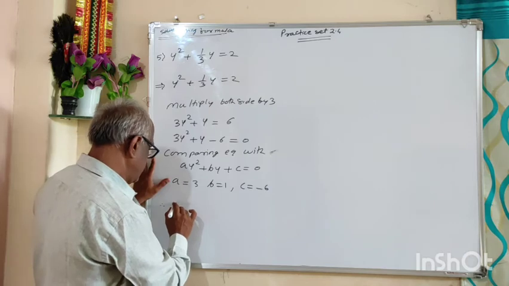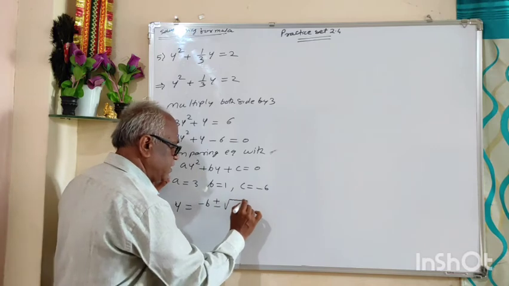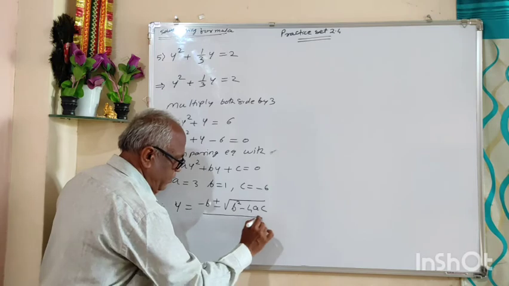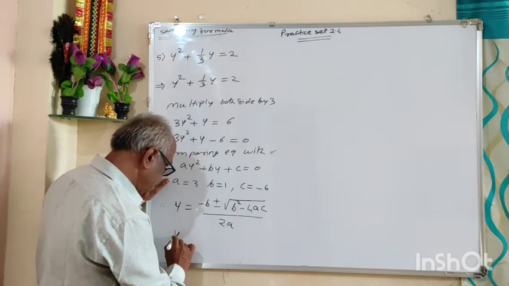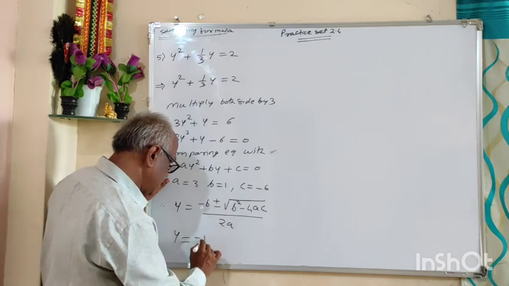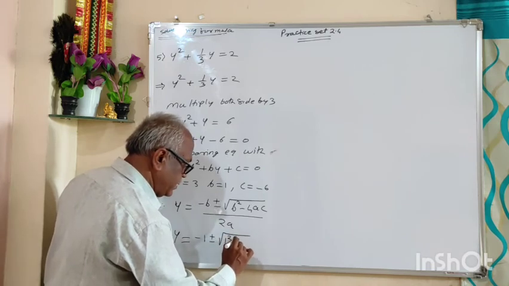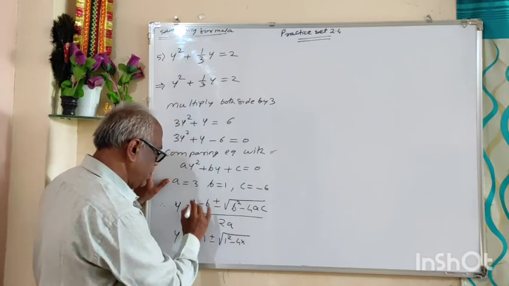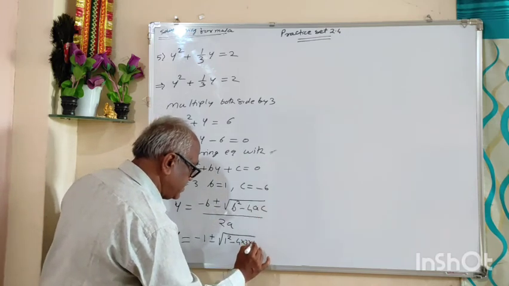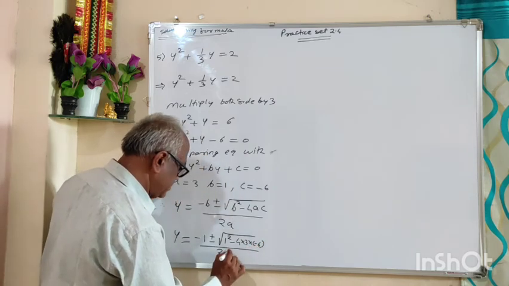Therefore the roots of this is y is equal to minus b plus or minus under root b square minus 4ac upon 2a. Now put the values. Y is equal to minus b value is 1 plus or minus under root 1 square minus 4 into a value is 3 into c value is minus 6 upon 2 into a is 3.